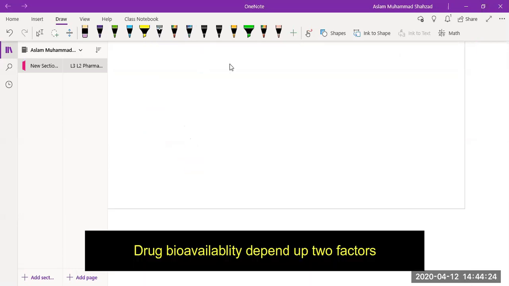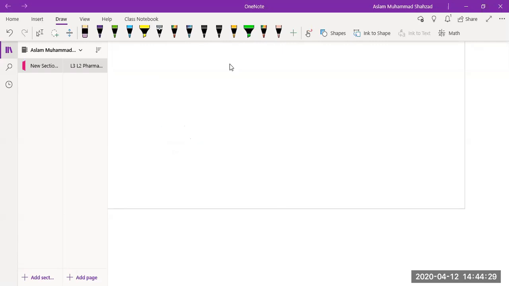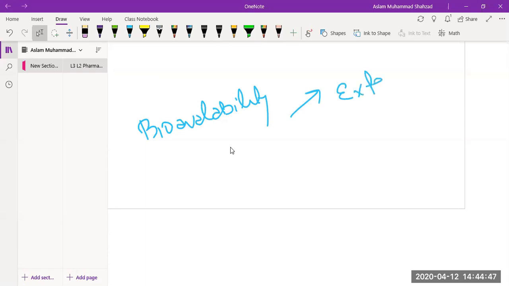Second, you need to understand that drug bioavailability depends upon two factors. Number one is extent of absorption, and number two is first pass elimination.